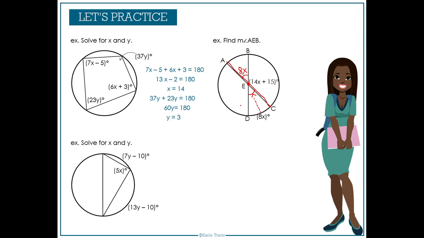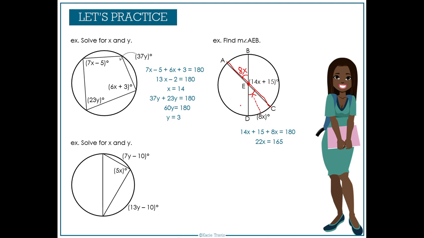So when I do this, I got 14x plus 15 plus 8x is going to equal 180. You got to combine your like terms and move your constant. So adding that 8 with that 14 is going to give you a 22. And moving that 15 to the other side means we have to subtract, giving us 22x is equal to 165.